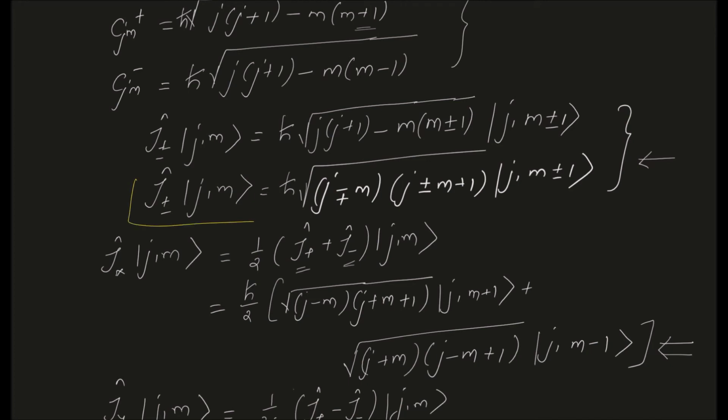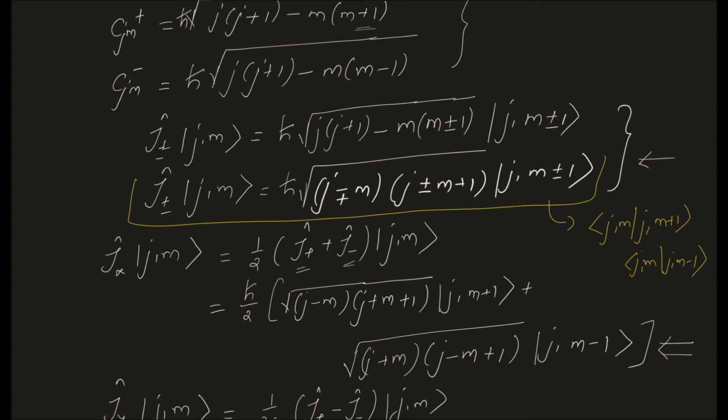Now if you consider the expressions for j plus and j minus here, you can see that if you take the expectation of j plus or j minus, we will get states like |j, m+1> or states like |j, m-1> if it is j minus.